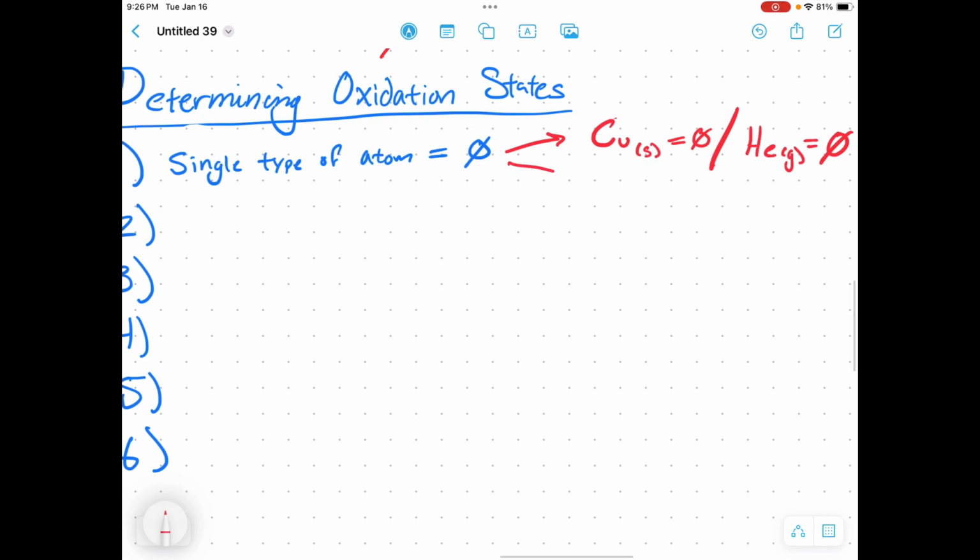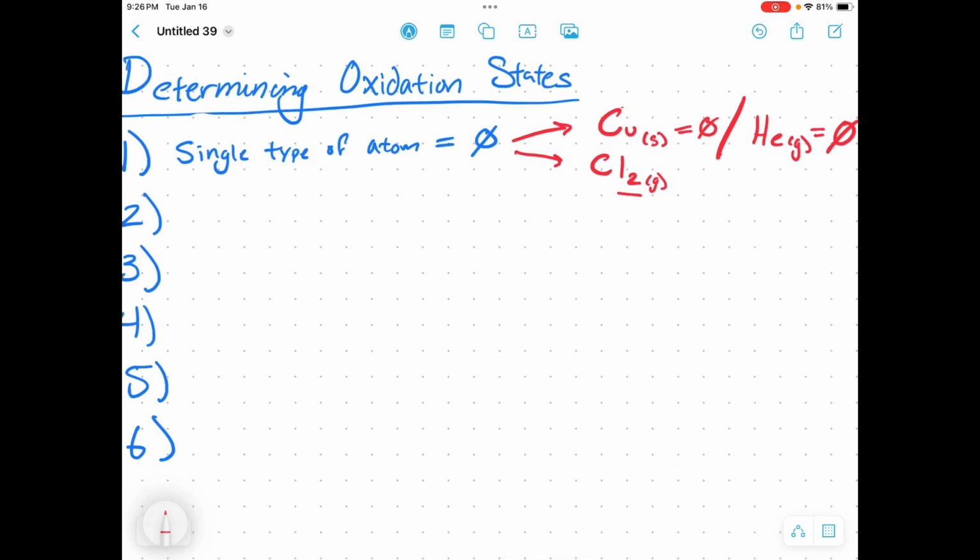A third way you might see this is for diatomic molecules. So let's say we have something like chlorine, Cl2, chlorine gas. So Cl2, there are 2 chlorines there because of that little number 2, but it's a single type of atom. It's just chlorine.